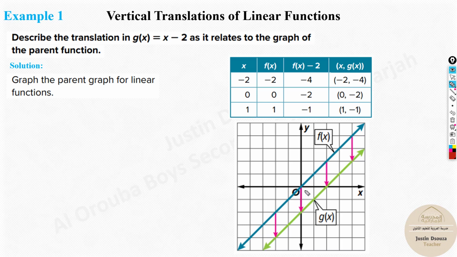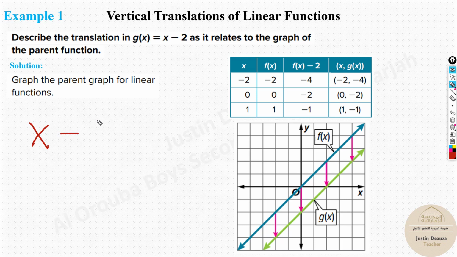But now look at this. This was (0, 0). Now it has moved down. The x value will remain the same, 0, but the y value has moved by minus 2. So what you can understand is, whenever the question is x minus something like this, with no brackets, it's always to do with the y axis.